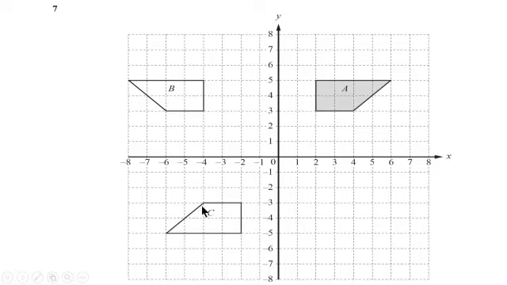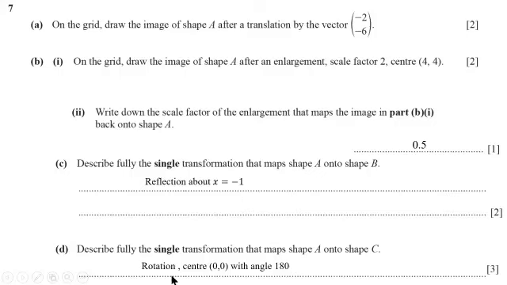We have here -4 and -3. And if you join these two vertices like this, and you join these two vertices like this, they will meet at the point which is the center of rotation. We have a rotation here with angle 180 degrees. So the answer here will be rotation with center 0, 0 with angle 180.